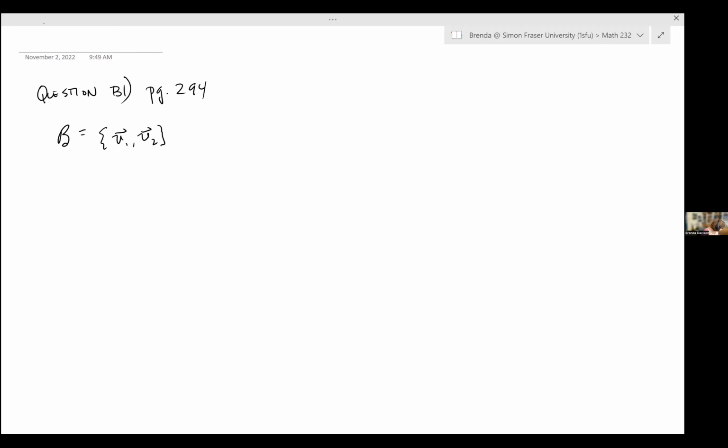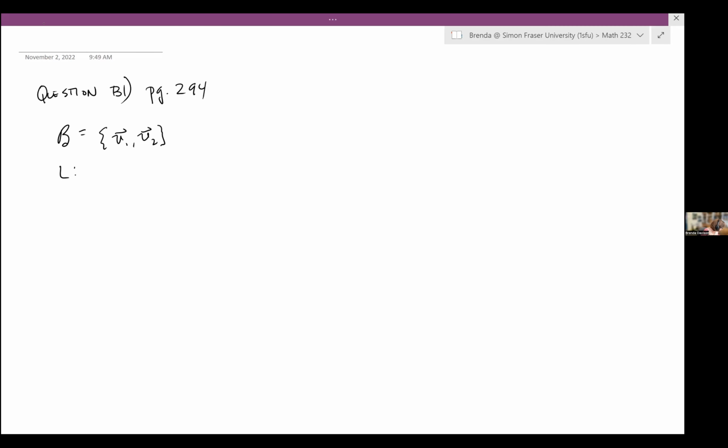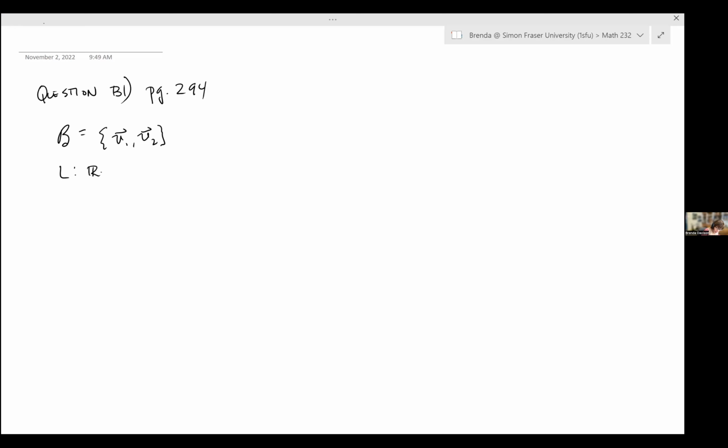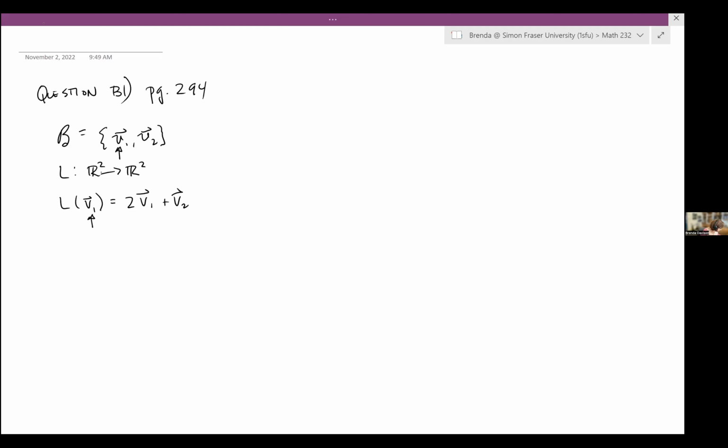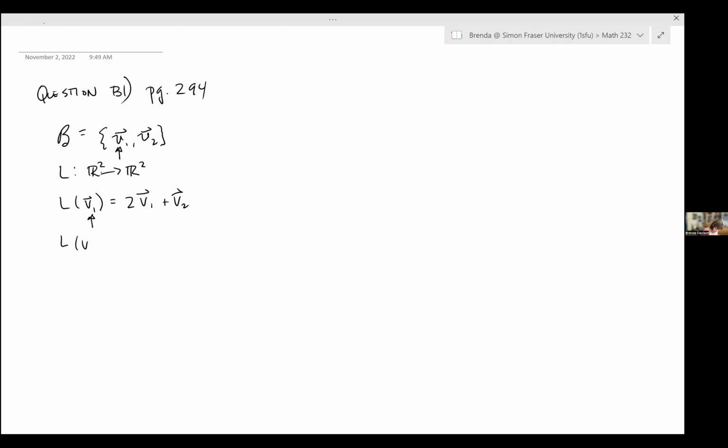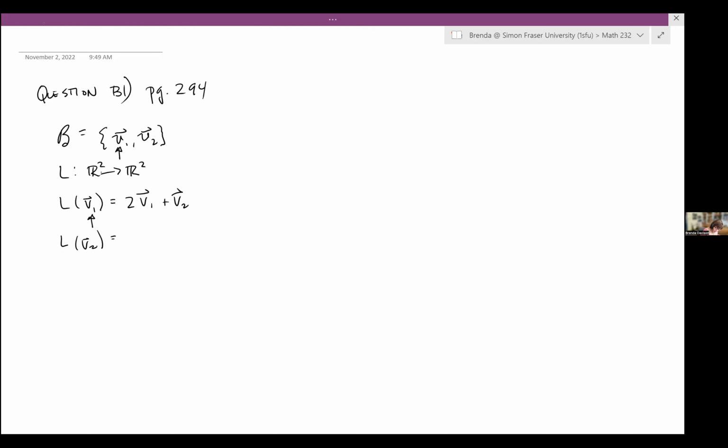We have a linear transformation which maps R2 to R2, so the domain is R2 and the codomain is R2. The linear mapping is written out like this. This tells us what happens under the linear transformation to the first basis vector, and then what happens to the second basis vector.